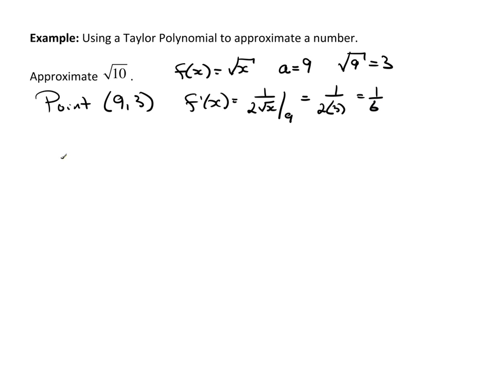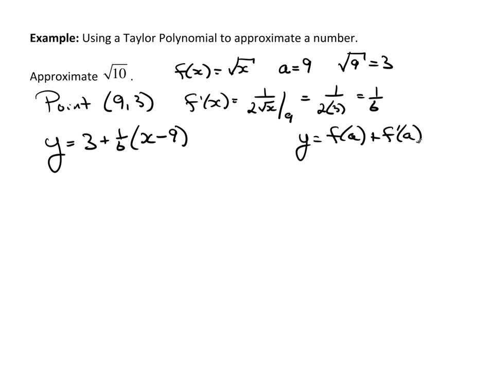So I know my linear approximation, y, is going to be my known point, which is 3, plus 1/6 times (x minus 9). See, this has the form y equals f of a plus f prime of a times (x minus a). That's my linear approximation.